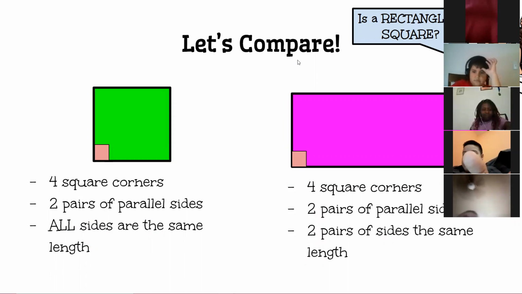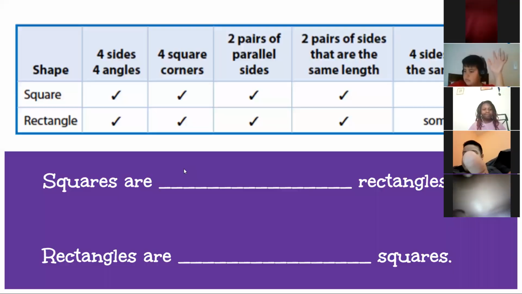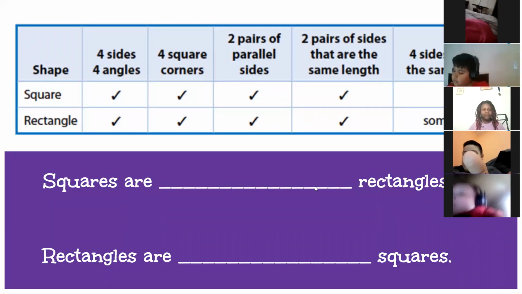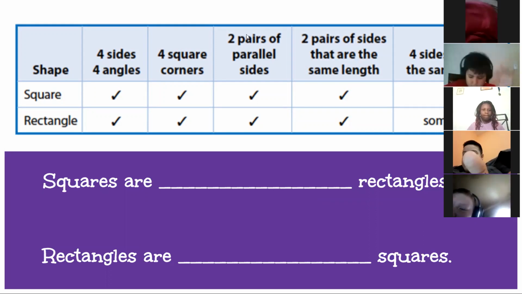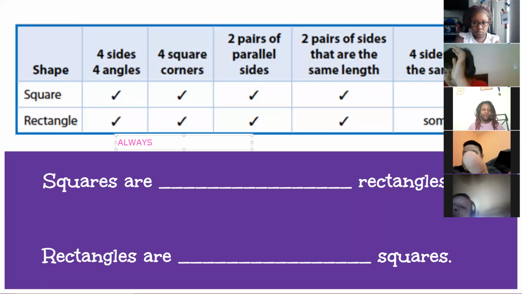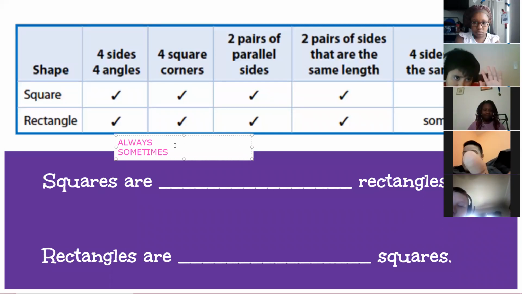So this kind of wraps everything up. For this, I just need 2 words. Squares are blank rectangles. The two words you're picking to fill in the blanks are either always or sometimes.